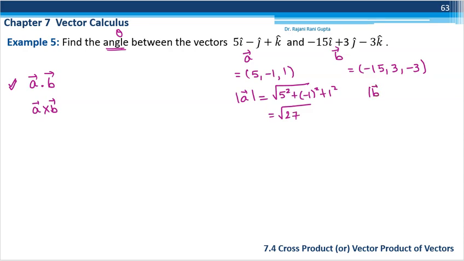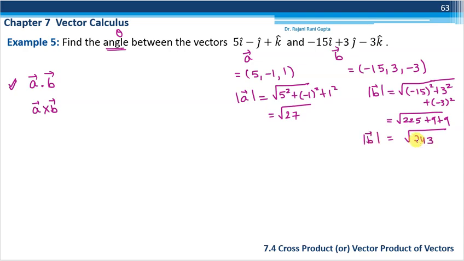Magnitude of B: minus 15 squared, 3 squared and then minus 3 squared, which is 225 plus 9 plus 9, giving you root of 243. Okay, so you have magnitude of A, magnitude of B.